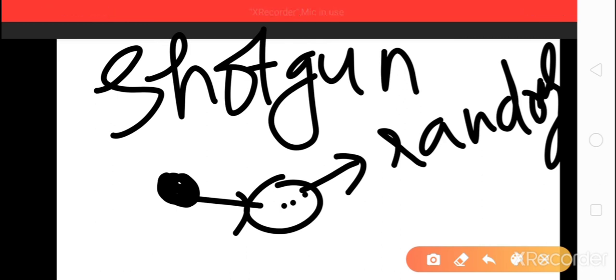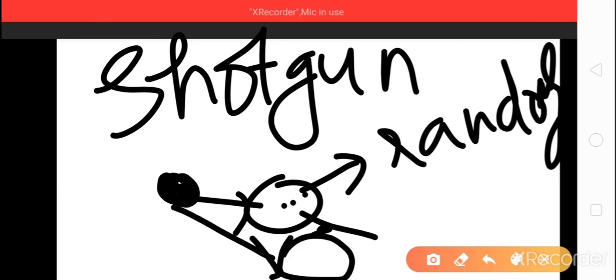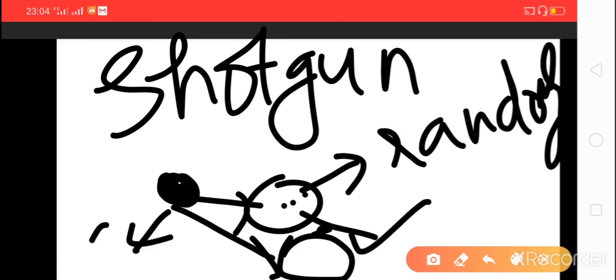Then it explores another node randomly and checks the heuristic value. If it is better than the previous one, this node's value is stored and it explores another node. If it is not the best, the previous one is kept.